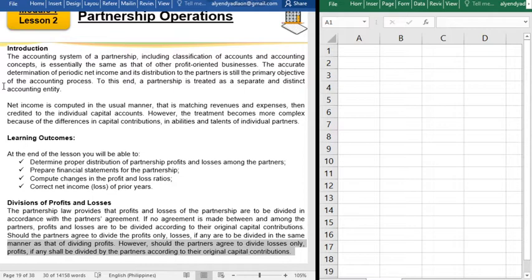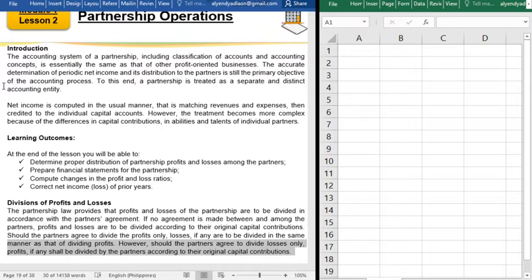In that case, there is only an agreement as to the division of losses, but there is no statement as to how they are going to divide the profit. Then the profits shall be divided according to their original capital contributions.